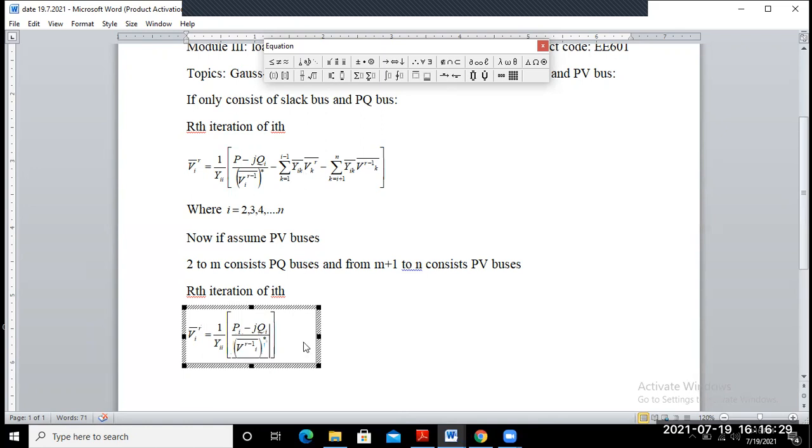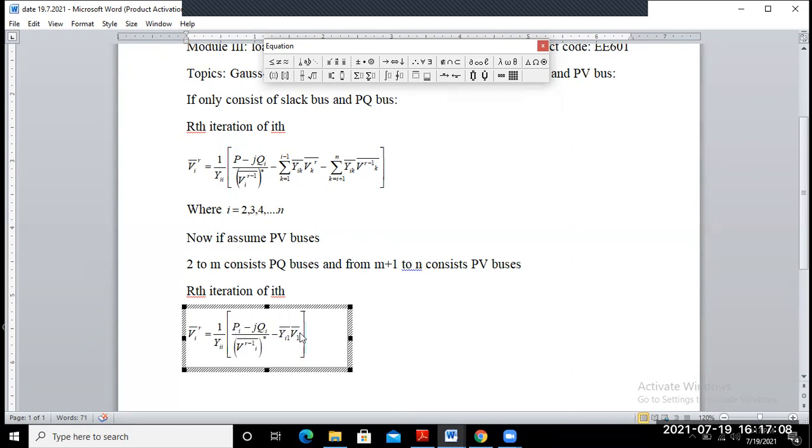So minus Y I 1 V 1, and next I start from k equal to 2 to I minus 1.